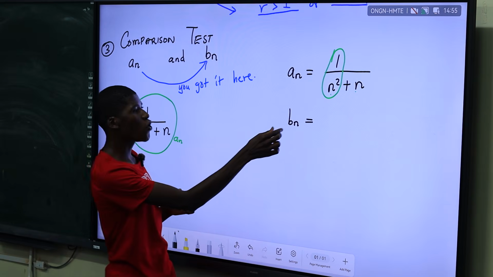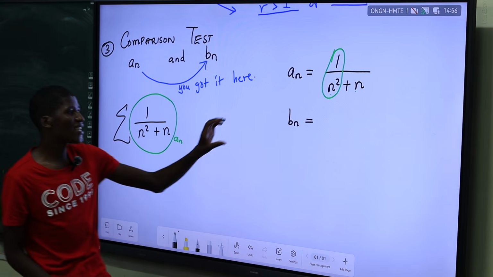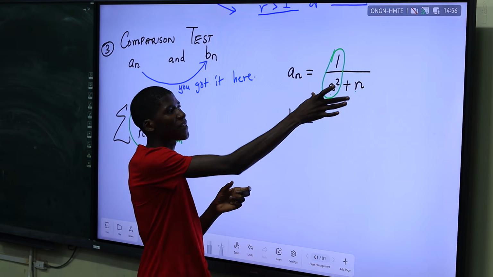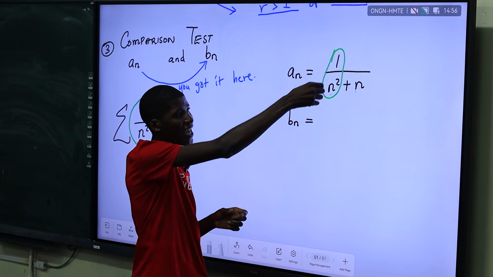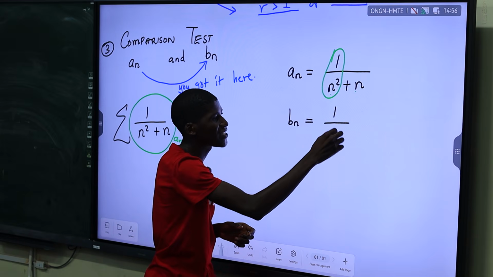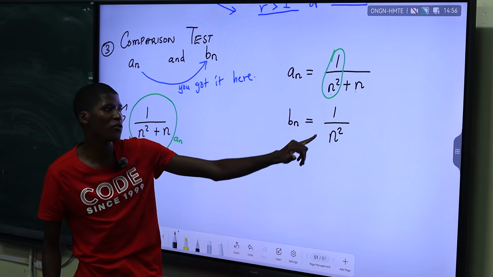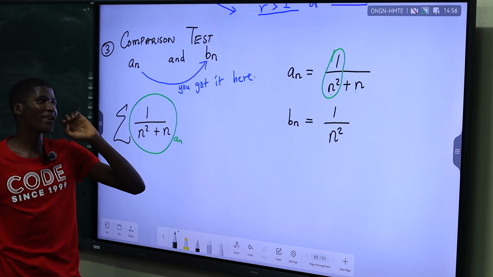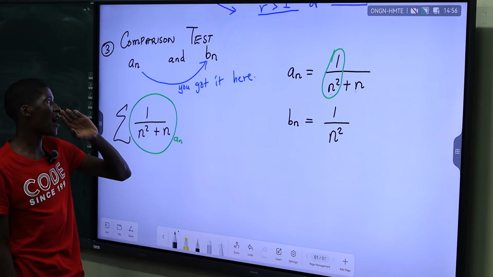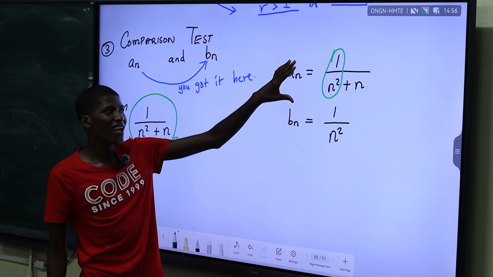So basically, the bn you take from the original an, you must take that common numerator and put it over the most significant term. In this case, the most significant term is n squared.